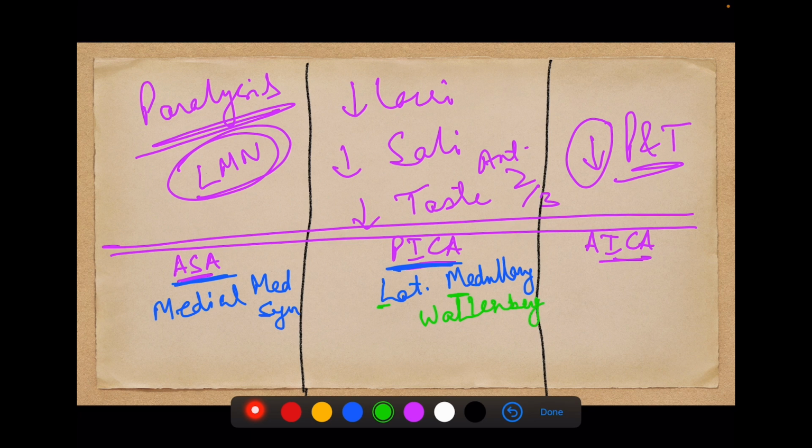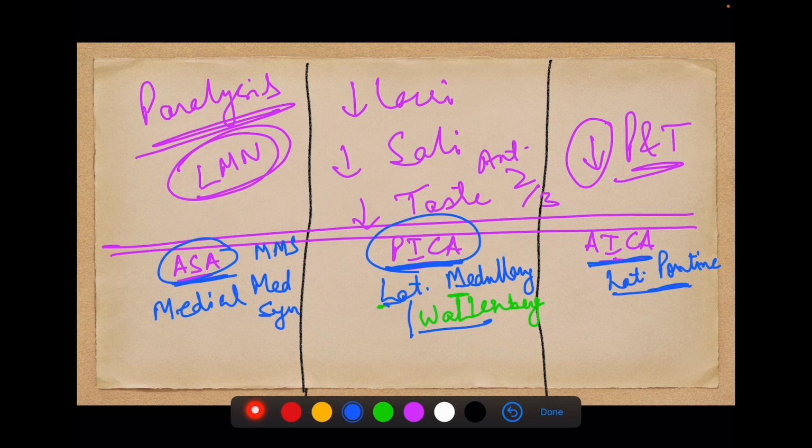Wallenberg syndrome. And in anterior inferior cerebellar artery, this is the lateral pontine syndrome. ASA is medial medullary syndrome, MMS. PICA is lateral medullary syndrome or Wallenberg syndrome. AICA is lateral pontine.